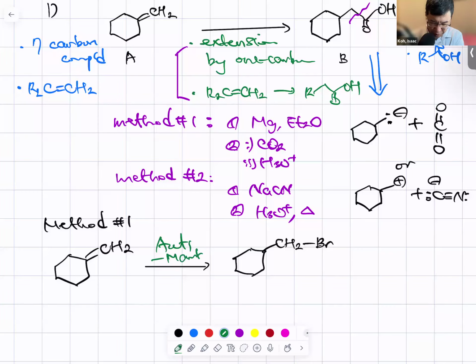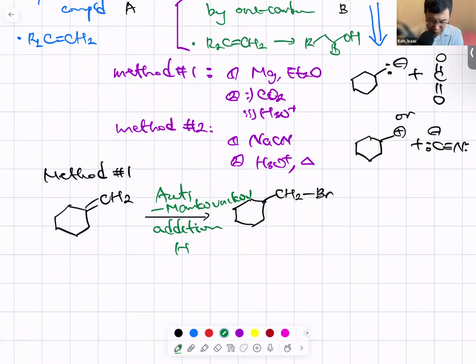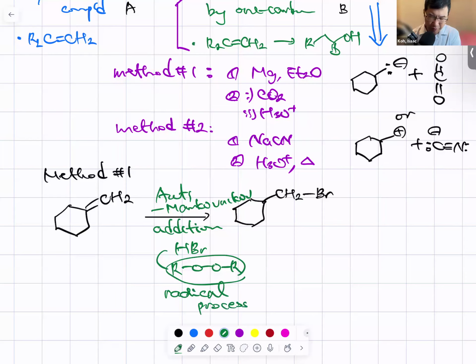This is achieved by hydrobromic acid, a strong acid, with alkyl peroxide, going through a radical process and making this primary bromide. Hydrogen is added there and bromine is added to the less substituted carbon, making the terminal alkyl halide.